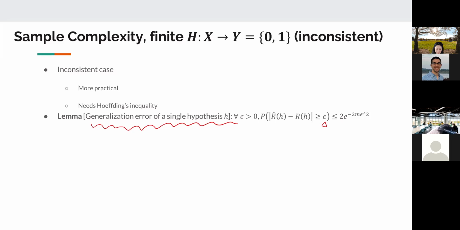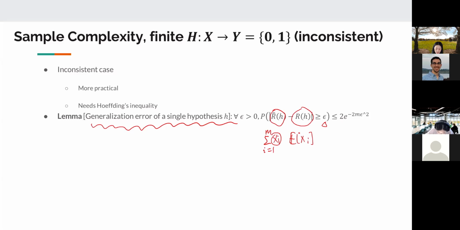Exactly, right? Remember what is R hat of h? It is the empirical error, summing over all these examples. And what is R of h? It is the expectation. Each of these random variables would have an expectation, and you're bounding the summation of random variables and its expectation.